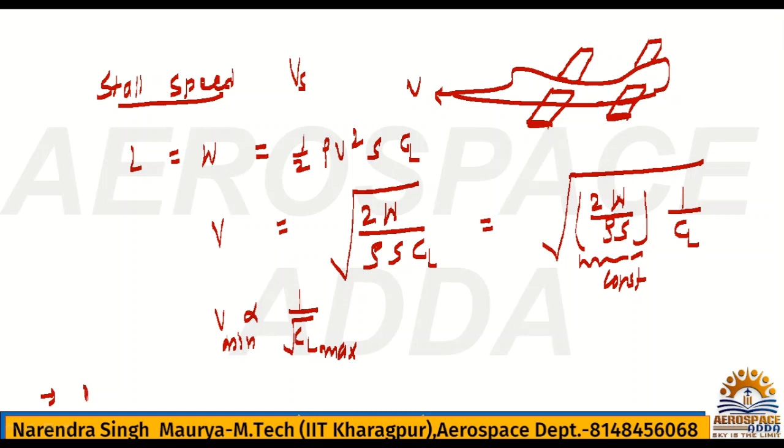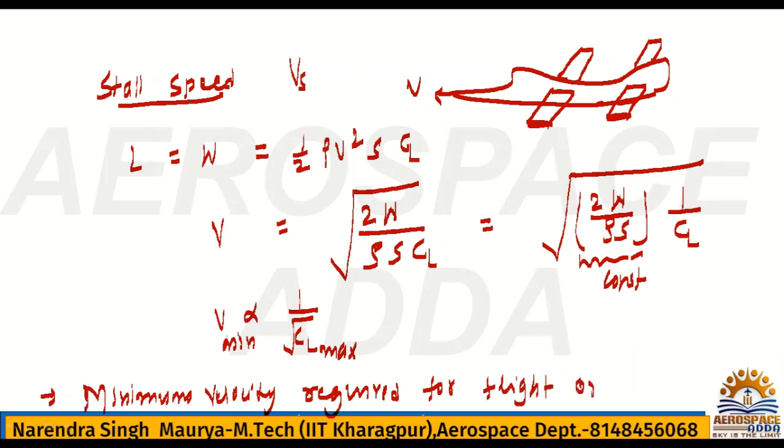The minimum velocity required for flight, or to sustain flying condition, is called stall speed.